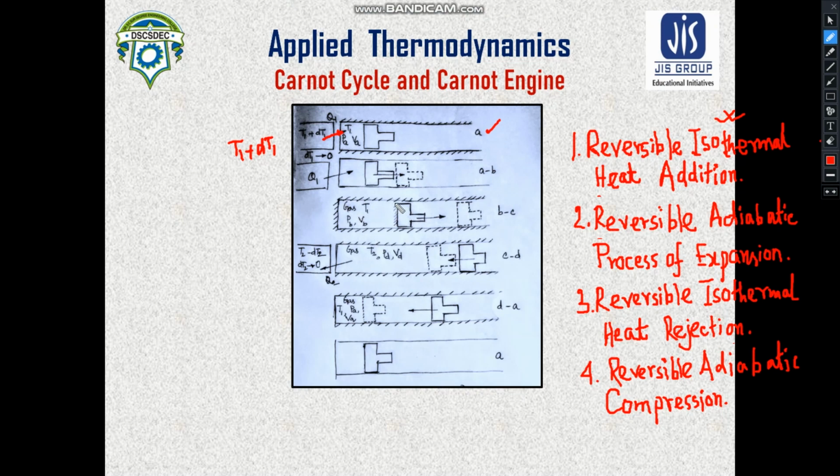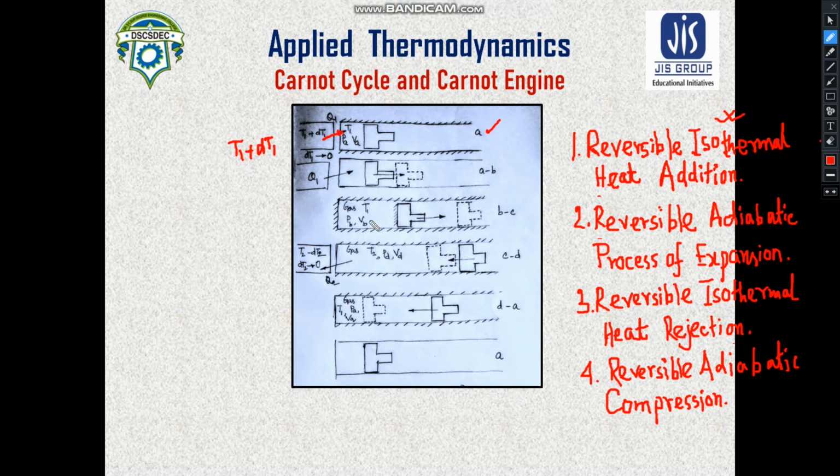Now the piston cylinder arrangement is completely insulated. That means now an adiabatic expansion process will take place. You know what we mean by an adiabatic process: it means that there will be no external heat transfer.